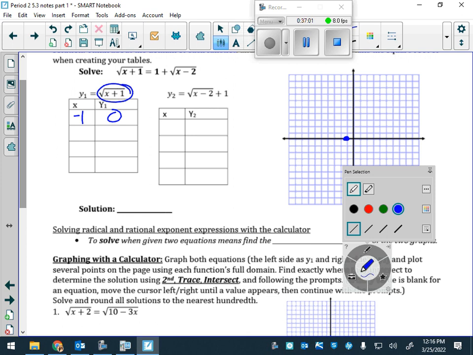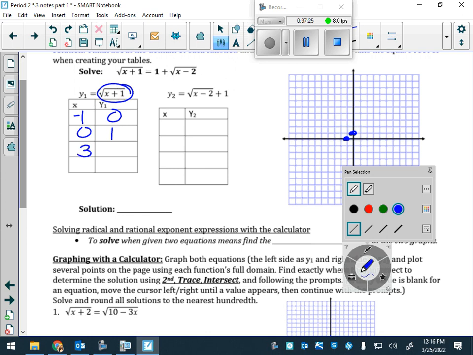So go to -1, 0. What would be the next x value I could use to make this a perfect square? Josh? 0, 1. Excellent. What would be another x value to make that a perfect square? John? If I plug in 2, you're just 1 off, 2 plus 1 is 3.